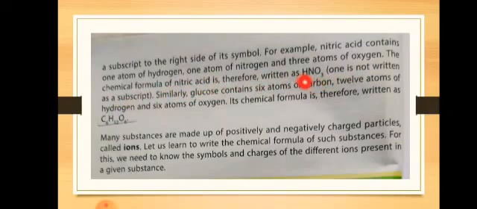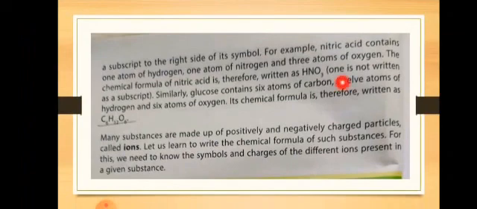One atom of hydrogen, one atom of nitrogen and three atoms of oxygen. And this is called subscript, this is written at the right side, smaller size. So this is the rule. You can't write 3 here or bigger 3 here. You have to write here only. And 1 is understood. It is not written as a subscript. We can't write here H1, N1, then O3.